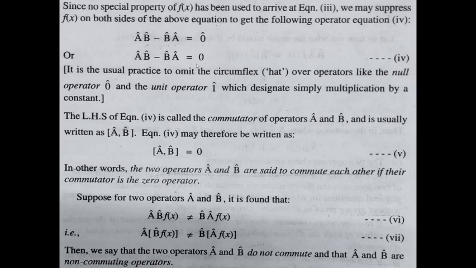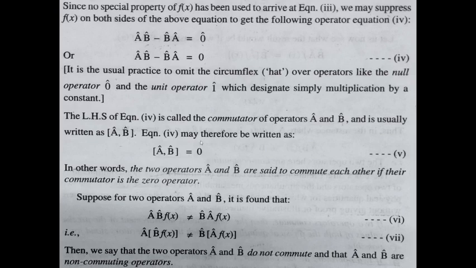That means these two are interchangeable. That means these two operators are commuting operators, and it is usually written as A operator comma B operator in square brackets if these two operators are commuting with each other.